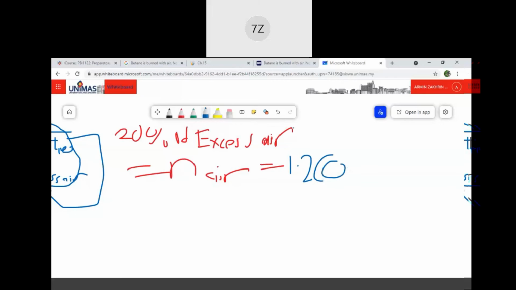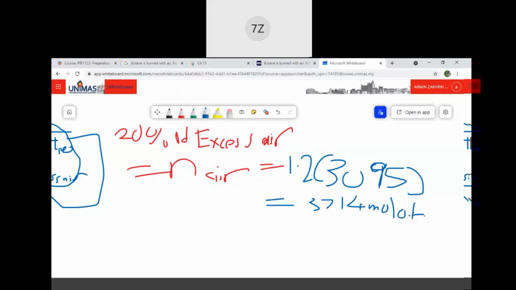From Samuel, I mean not Samuel, I mean from Rosnah's part. The number is 3095. Then you can get 3714 mole of air.